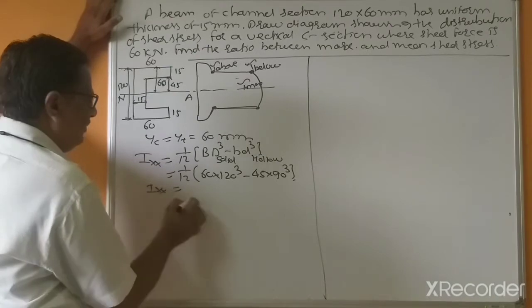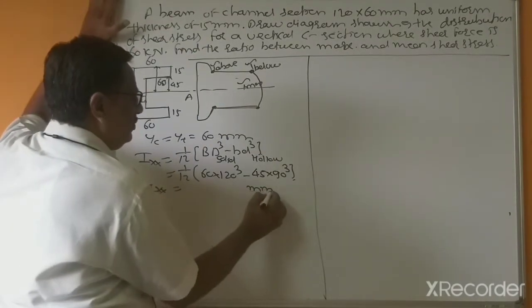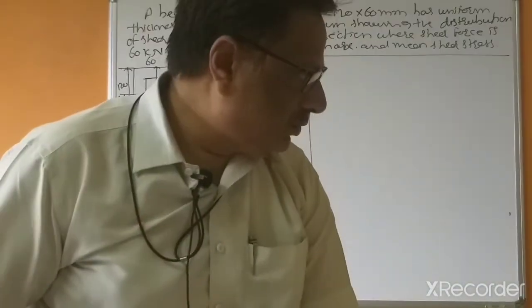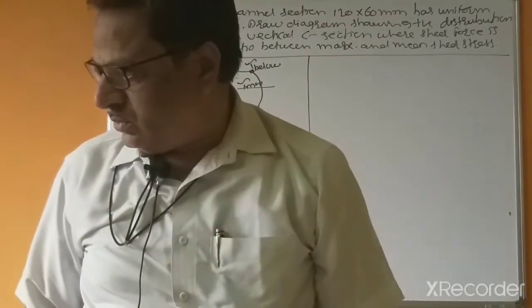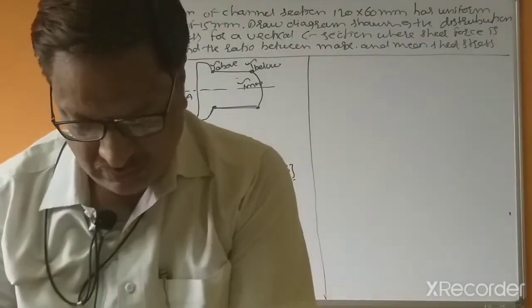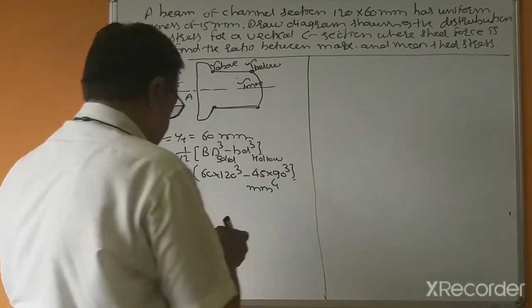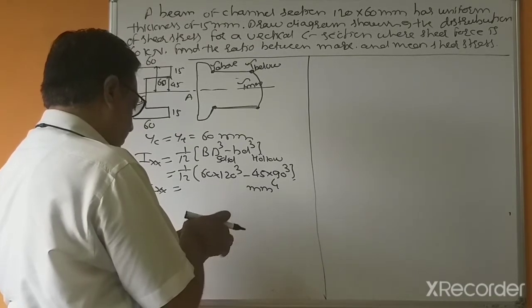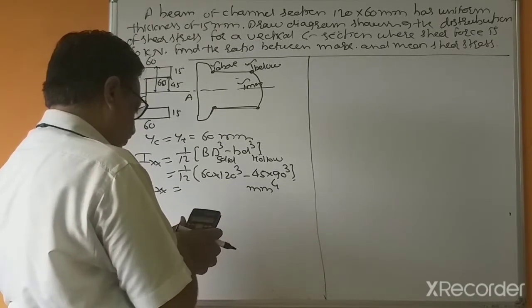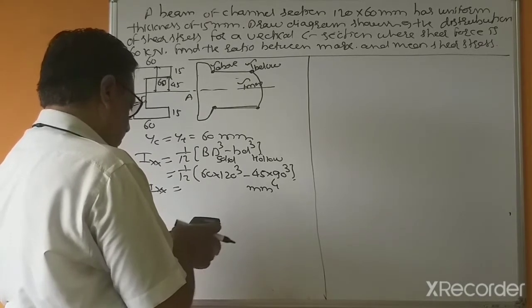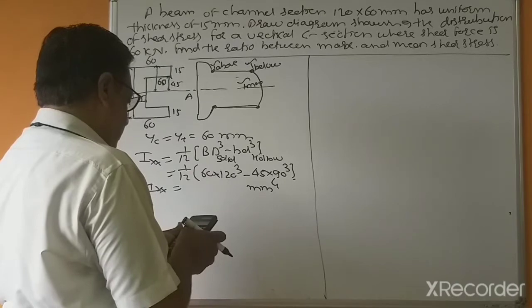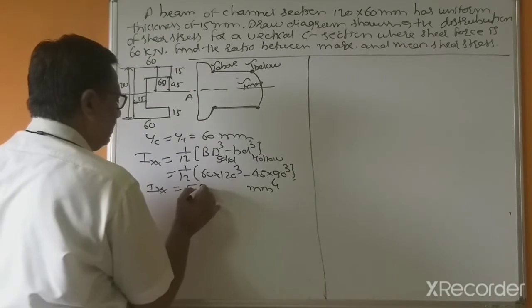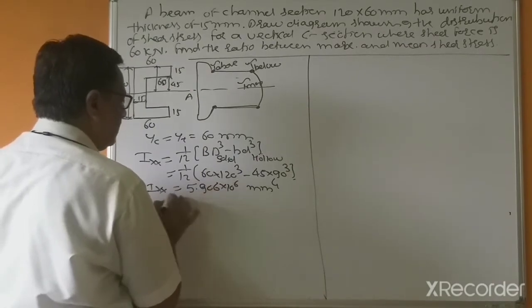And this is moment of inertia in mm to the power 4. So this is 60 into 120 cube minus 45 into 90 cube divided by 12. This is 5.906 times 10 to the power 6.